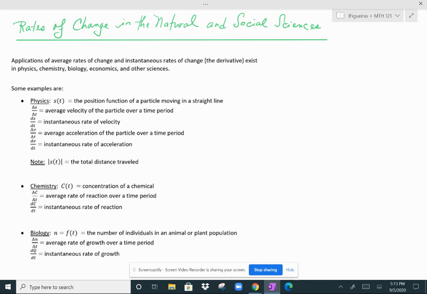One thing to keep in mind is that the total distance traveled is the absolute value of your displacement function. So distance is positive. There will also be other things to keep in mind in future lessons when we have to take the absolute value when we're computing derivatives and things like that. For now, we're just sticking with these basic concepts.